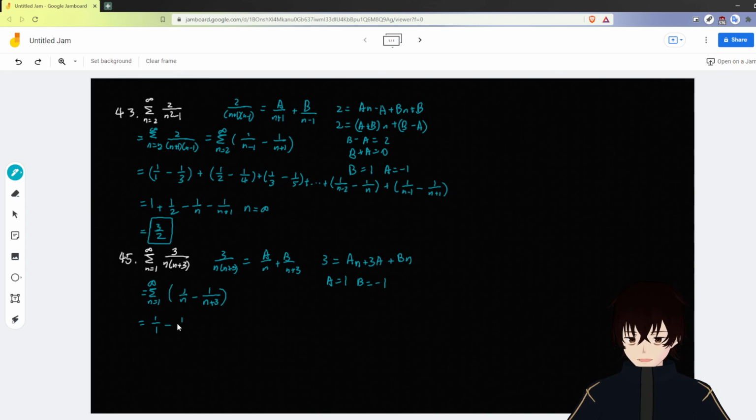So what if this is equal to 1 plus 1 over 2 plus 1 over 3 minus 1 over infinity plus 3, minus 1 over infinity plus 2, minus 1 over infinity plus 1.